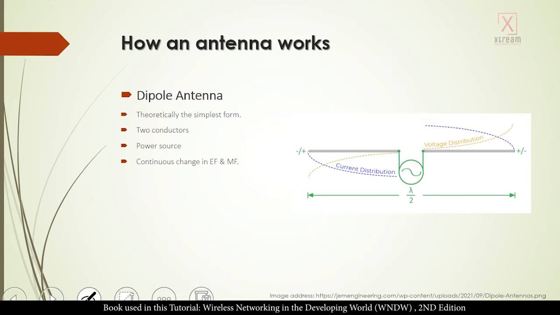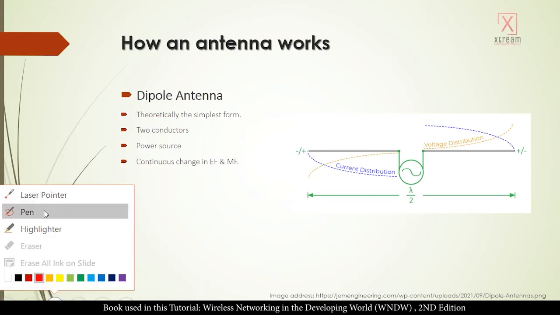Now when we provide power to the simple dipole antenna, the power is alternating current, so it will move from one point to another.